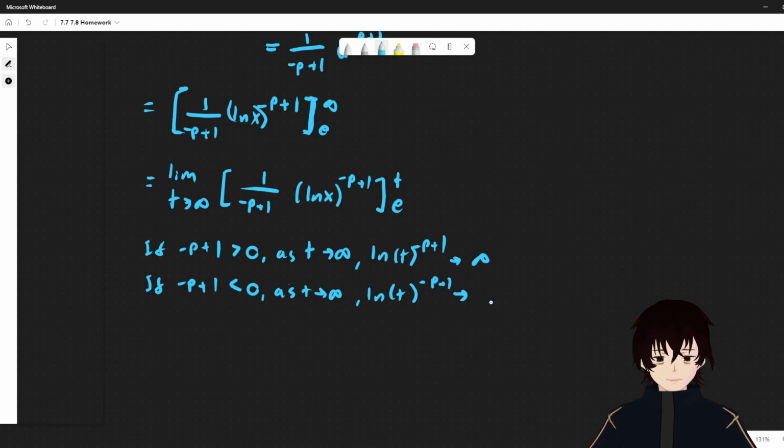Oh, p is less than 0. This is less than 0. That means we approach 0. If negative p plus 1 is equal to 0, as t approaches infinity, natural log of t to the power of negative p plus 1 approaches 1. Is that right?